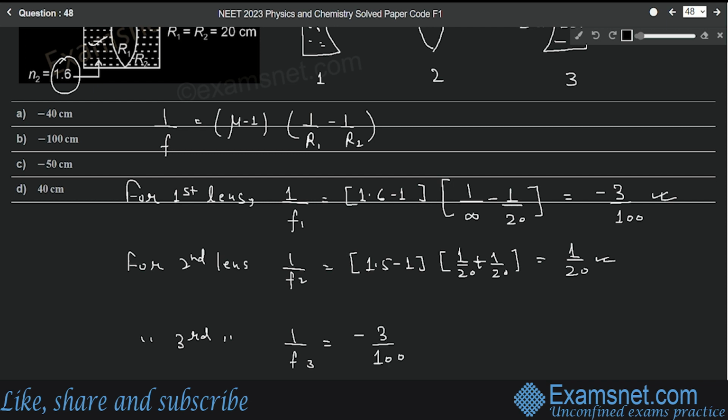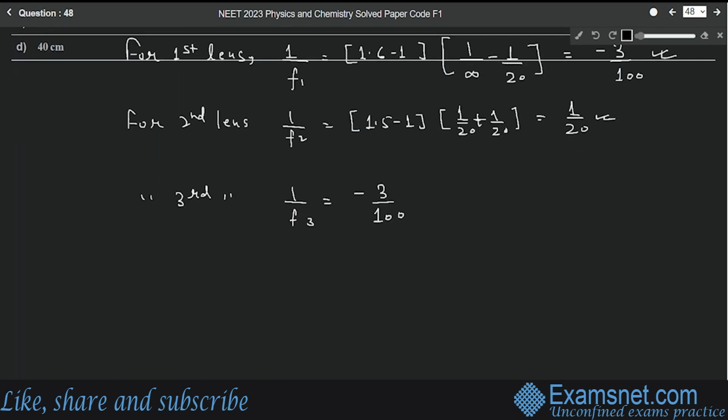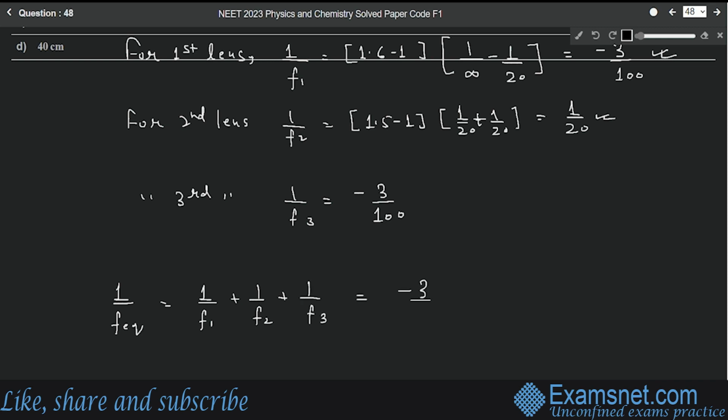Now we have to find out the equivalent focal length. So 1 by f equivalent is equal to 1 by f1 plus 1 by f2 plus 1 by f3, that is minus 3 by 100 plus 1 by 20 minus 3 by 100 again.